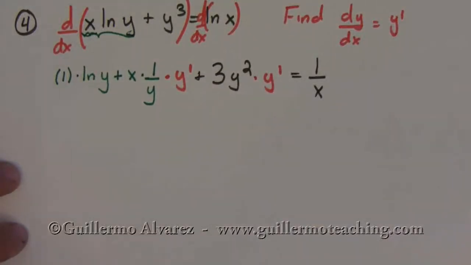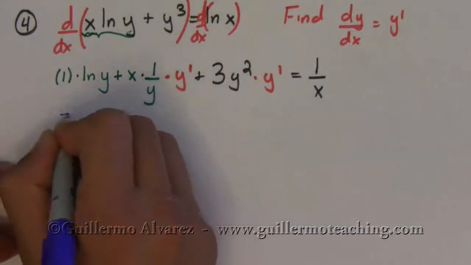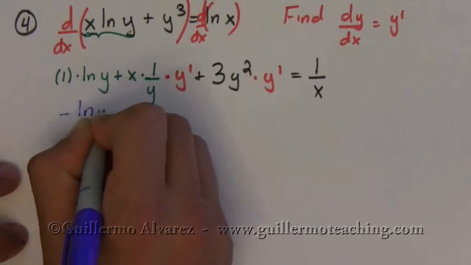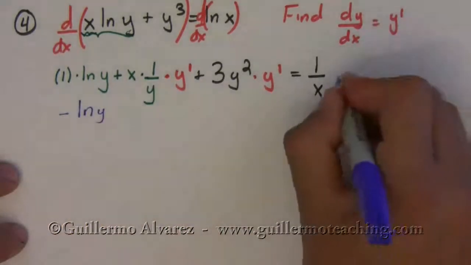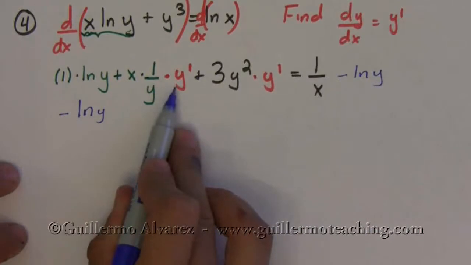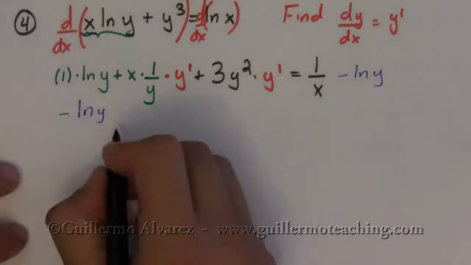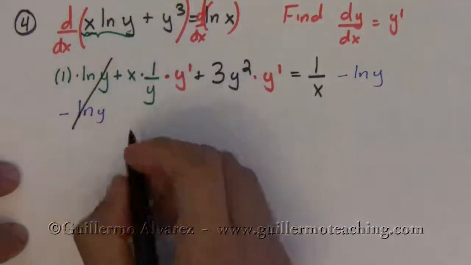And again, like last time, we're going to solve for y prime. So all the terms without a y prime are going to get moved. So this natural log of y. This term has a y prime. This one does as well. So we're just going to rewrite the rest of this. So these guys cancel.